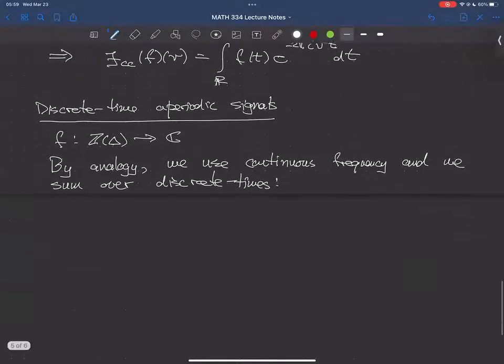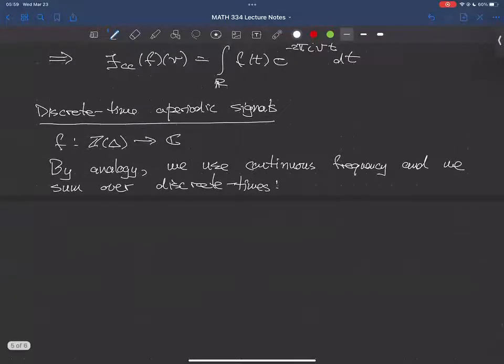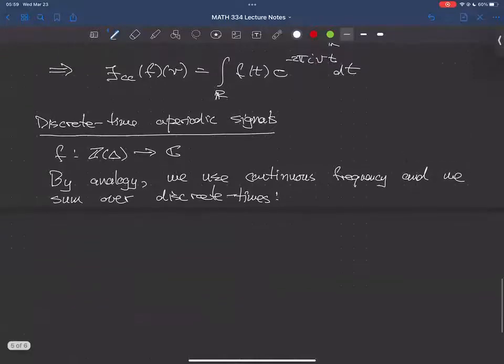Okay, and so the point is that we get a function of the continuous frequency variable, nu.